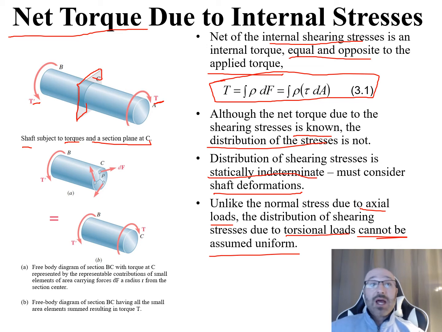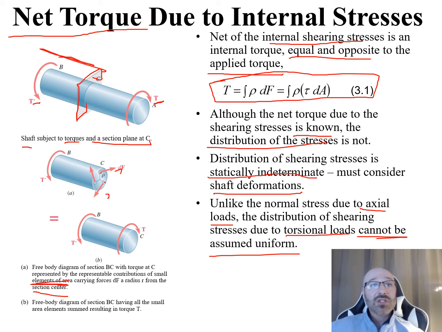This is a free body diagram of the section B to C, which is this first section right here, with the torque at C represented by the contributions of small elements of area. These are small elements of area that we can see there, carrying forces dF at a radius r from the section center. You can see there are these dFs at each one of those small elements of area.